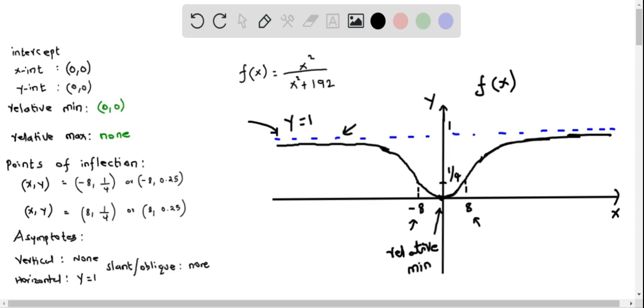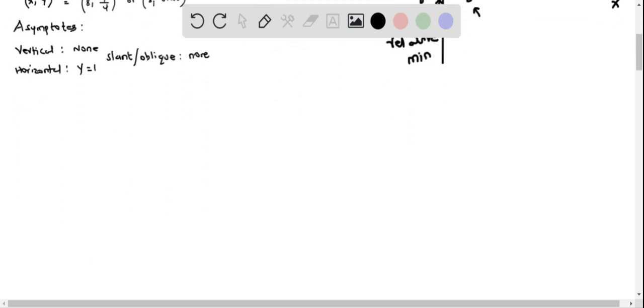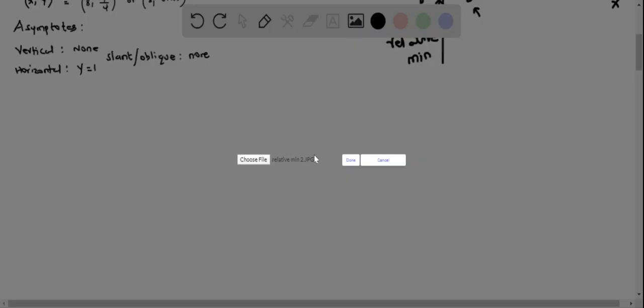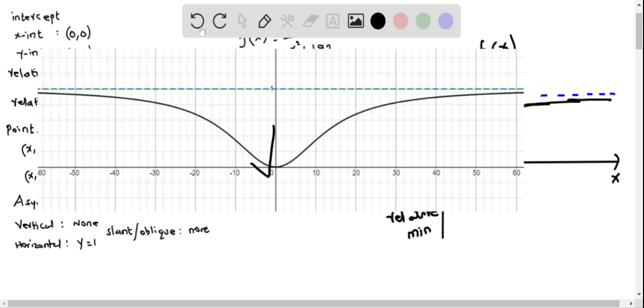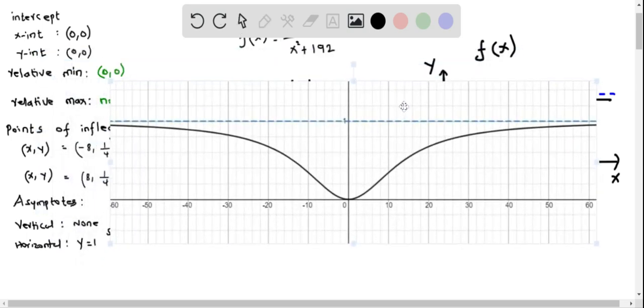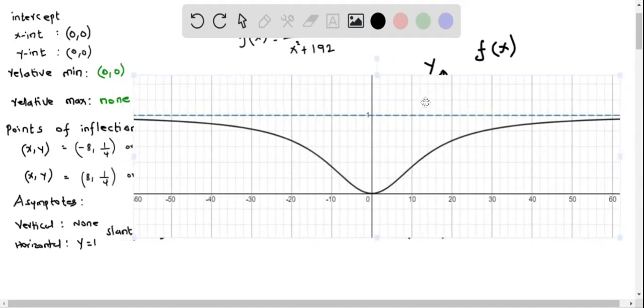So using all this information we sketch the graph of f of x like this, and we can verify this by plugging this function into the graphing utility. And so when we do that, we get a similar graph, as we can see from this graph which we obtained through the graphing utility.